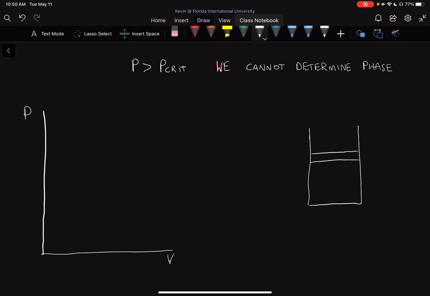So let's say our experiment is modified a little bit, and we have this piston cylinder assembly the same way as before, and our initial pressure is 1 megapascal and our temperature is equal to 150 degrees Celsius. Now we're going to do a different type of experiment where we look at PV and our temperature stays constant. So T stays constant.